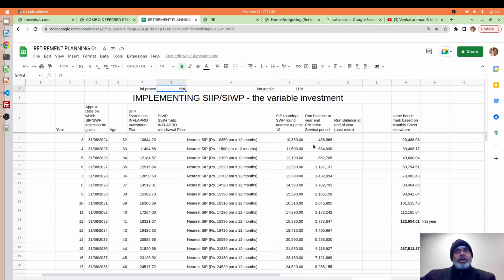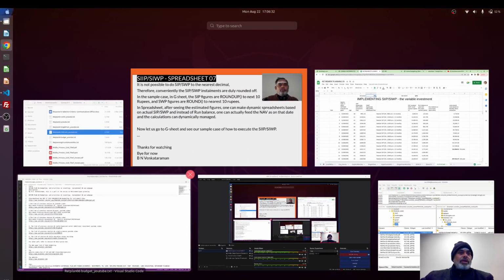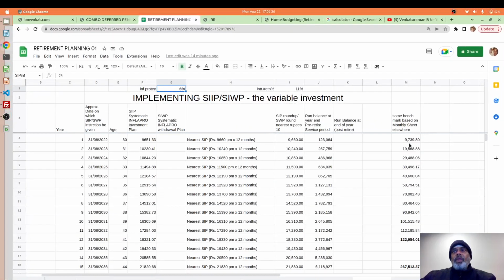Like this it continues, and I have taken this from sheet number 1, some benchmark-based monthly sheet elsewhere. From the monthly sheet I have taken a benchmark. This is the first month and second month and so on. At the end of the first year, the figure is 1,22,954 in the previous sheet.